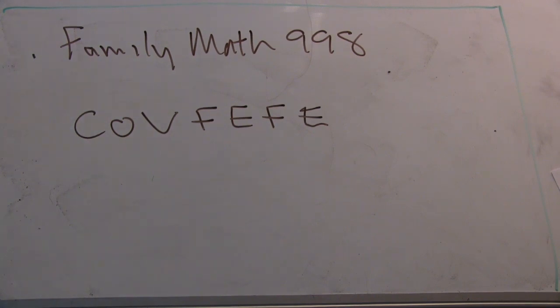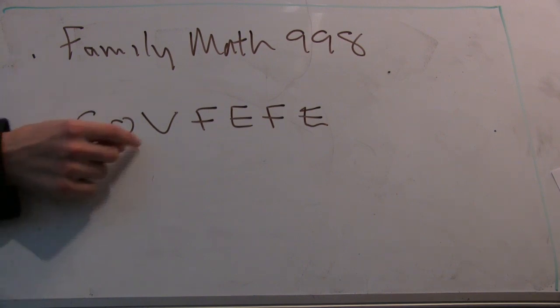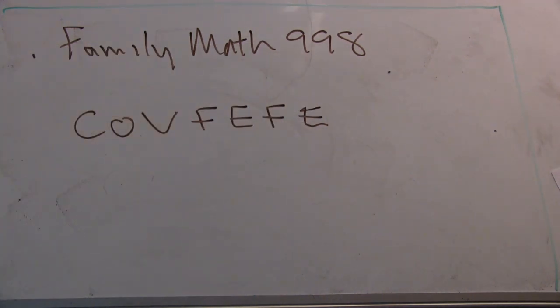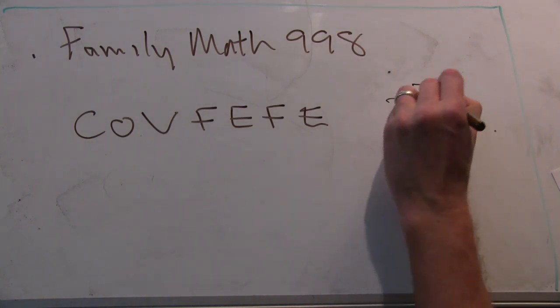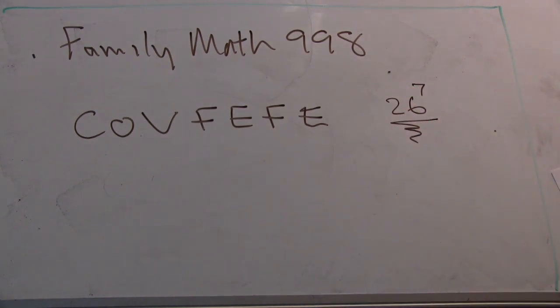So that makes the problem a little less complicated. So I guess maybe 1 out of 26 times 1 out of 26 times 7, or 26 to the 7th. That's a good guess, and it turns out that that's actually right for this word.